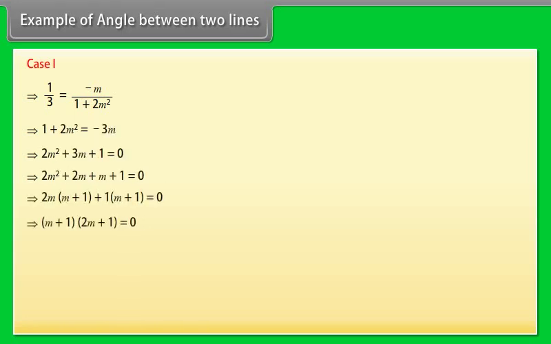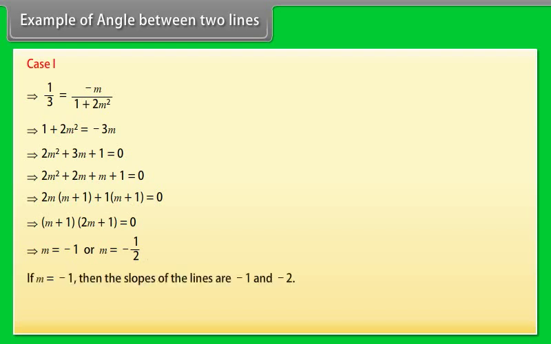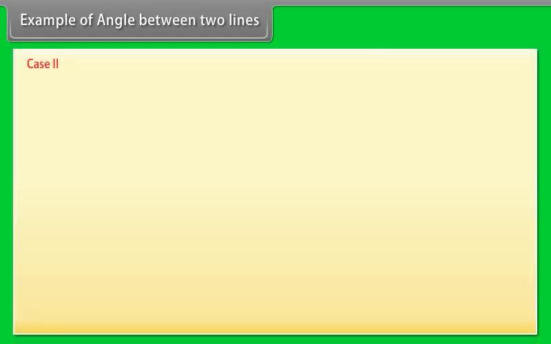On solving, we get m is equal to -1 or m is equal to -1 by 2. If m is equal to -1, then the slopes of the lines are -1 and -2. If m is equal to -1 by 2, then the slopes of the lines are -1 by 2 and -1.